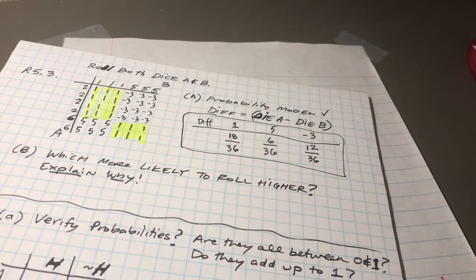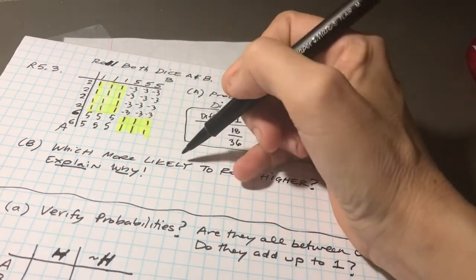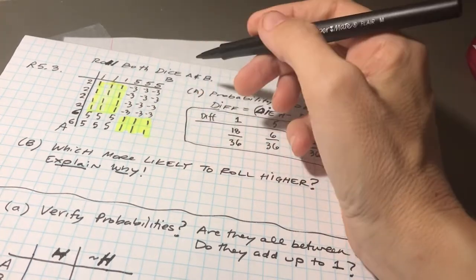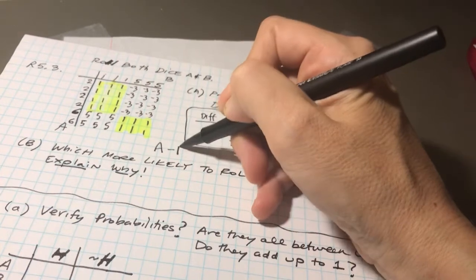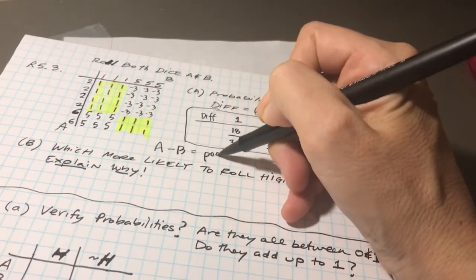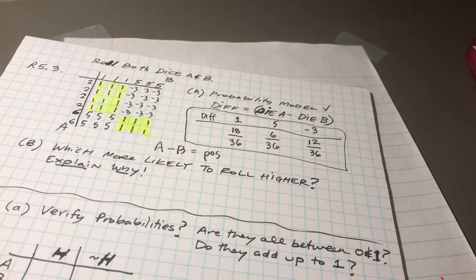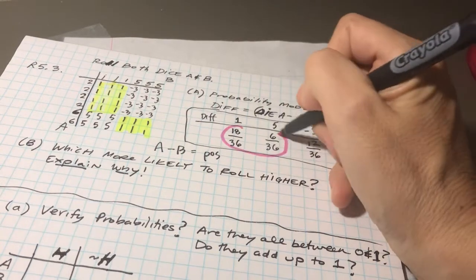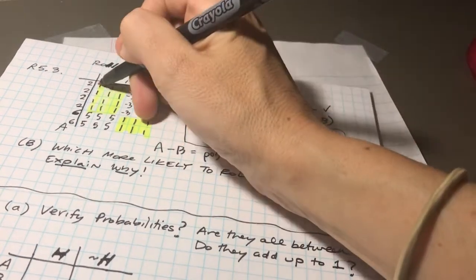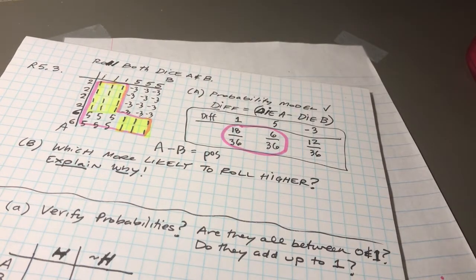Okay. Now it says, explain which one would be more likely to roll higher. So which one would I expect to be higher? Well, if A is higher and I subtract B, I'll get a positive number. Notice I did get a positive number most of the time. So all of these are positive numbers. In the table, I could think of it as all of these being positive numbers.